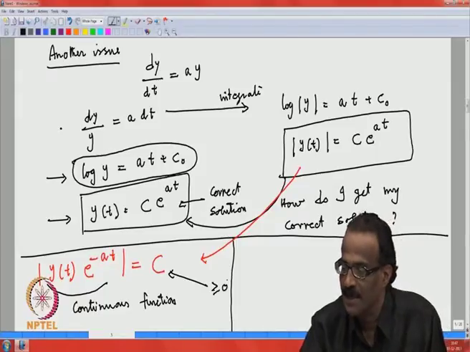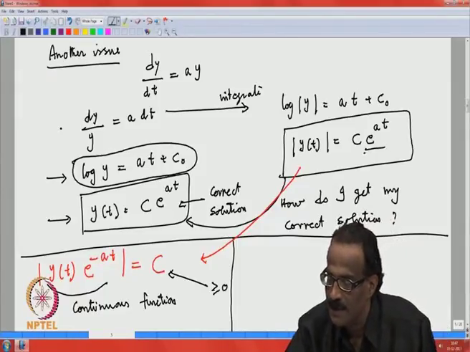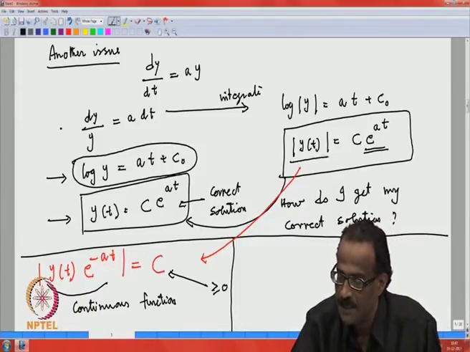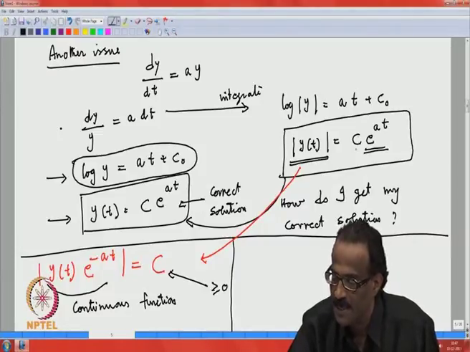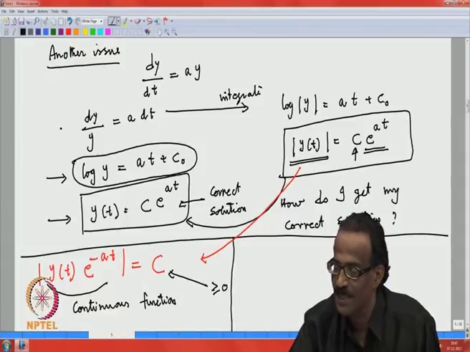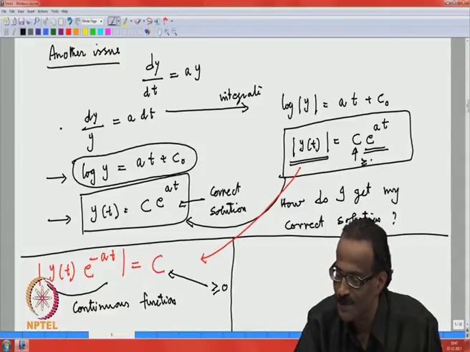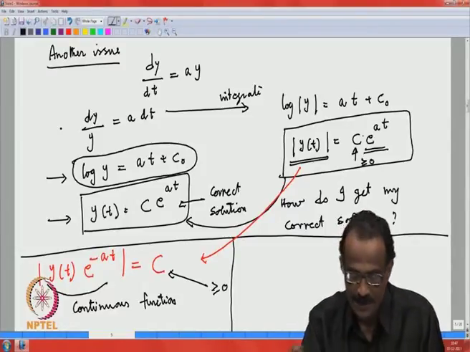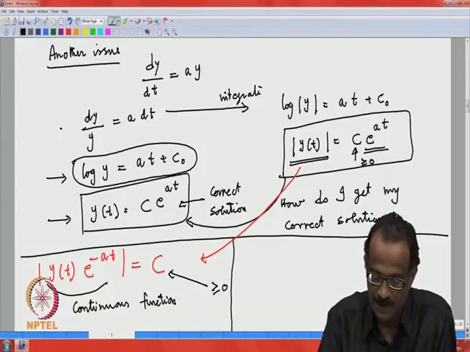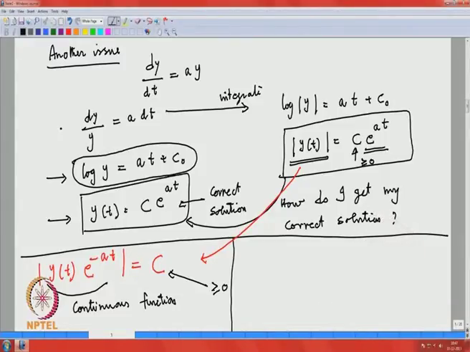So, here itself this is a positive quantity, this is a positive quantity, hence this is valid. Of course, this is coming as something like e power C naught, so it is greater than or equal to 0. So, you will immediately see that this is not for any constant, not for a negative one, but this is a continuous function.